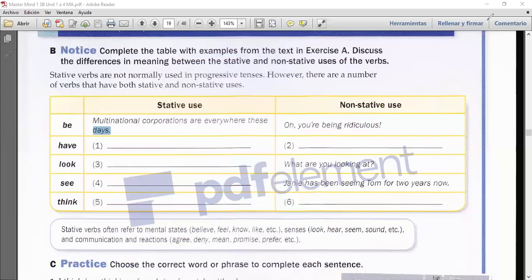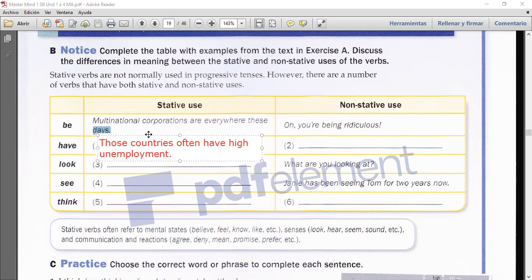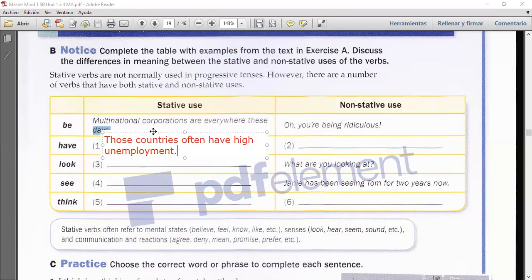Those countries often have high unemployment. Yes, teacher. Number 2. Okay, teacher.